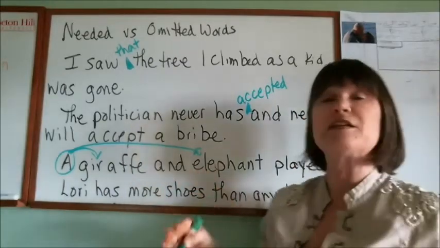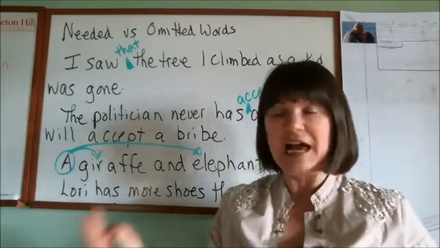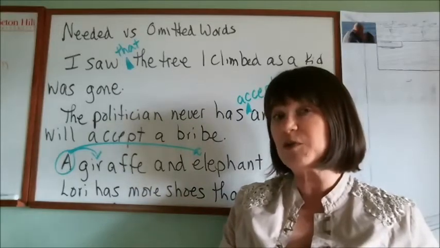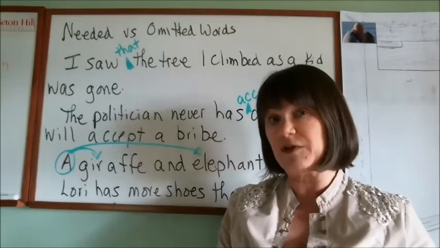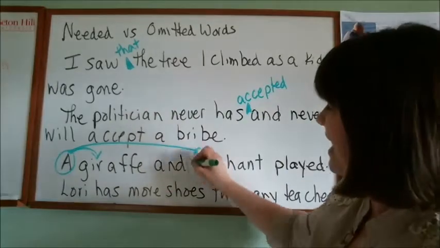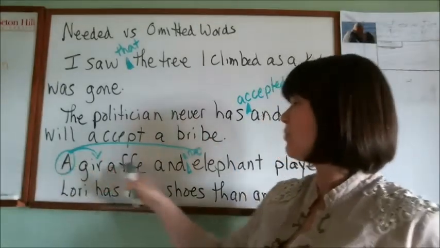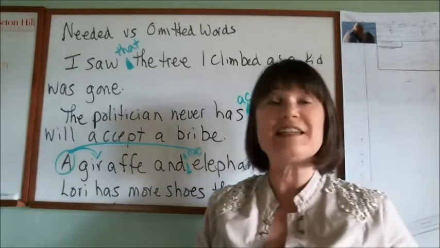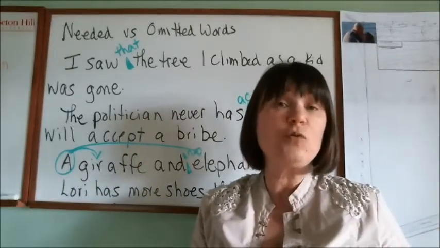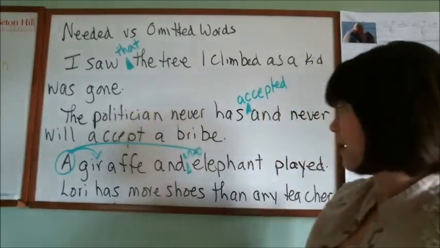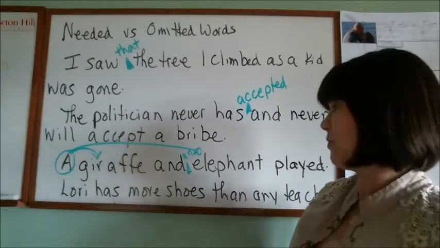Because elephant begins with a vowel sound. And the article that we use before a word that begins with a vowel sound is "an." So we're going to use "an." Could I also say "the giraffe and elephant played"? You bet. It still would be correct, and it would be a good way of correcting the grammatical error that is in the current one.